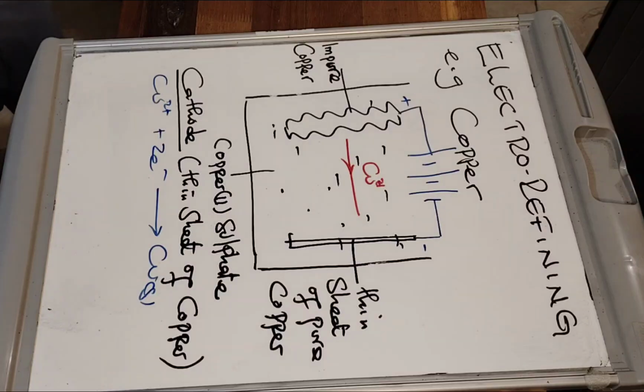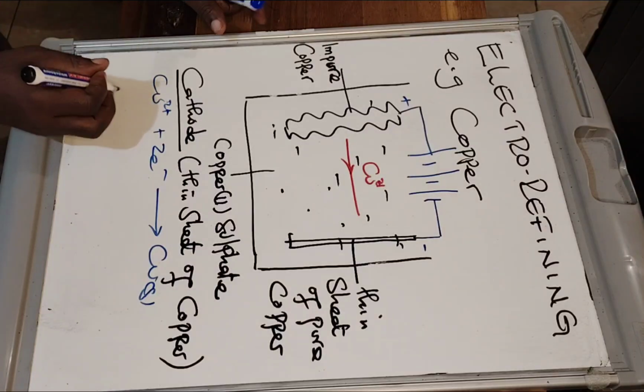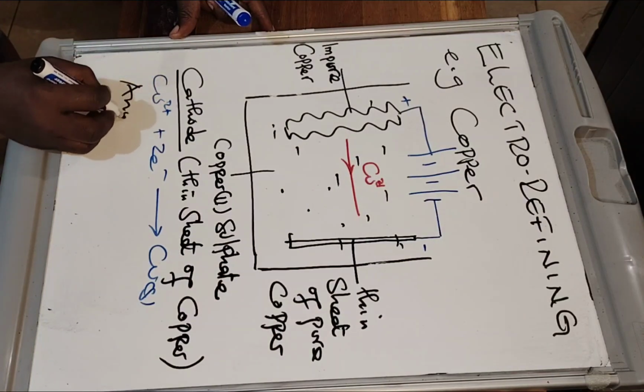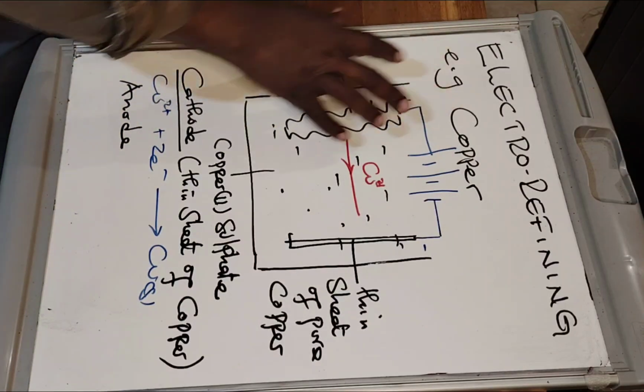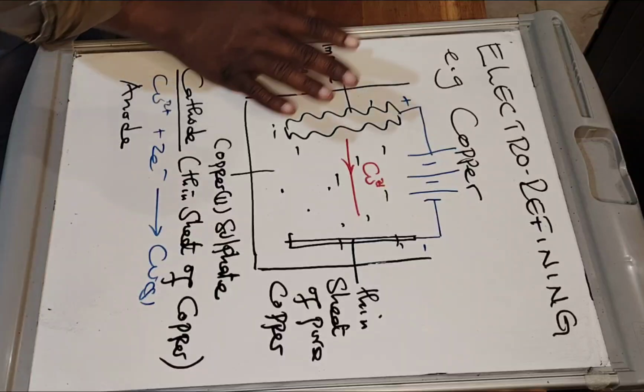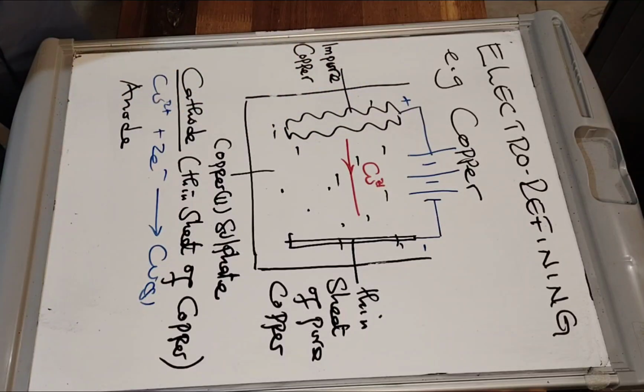Let us also see what happens at the anode. At our anode, this is what happens. This is our anode, and the copper is being oxidized there.